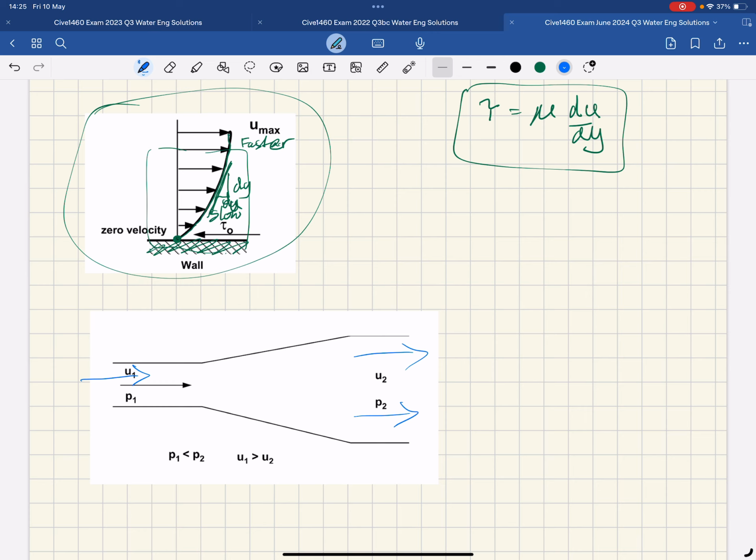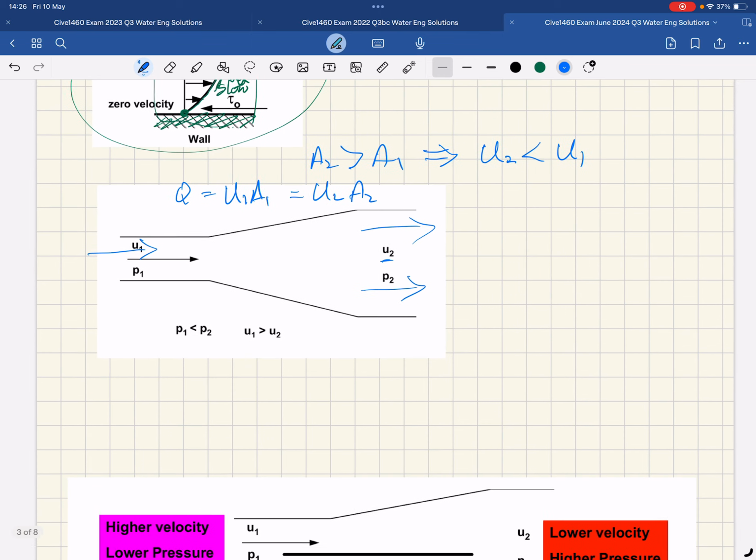So from continuity we have Q equals U1 A1 is equal to U2 A2. Now A2 is much bigger than A1, which leads to U2 being much less than U1. So this is slower flow.